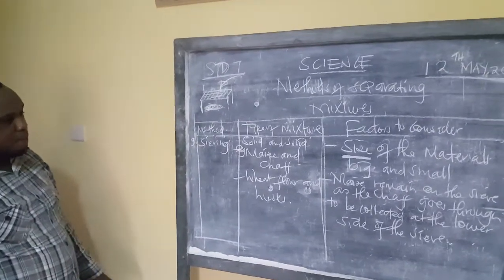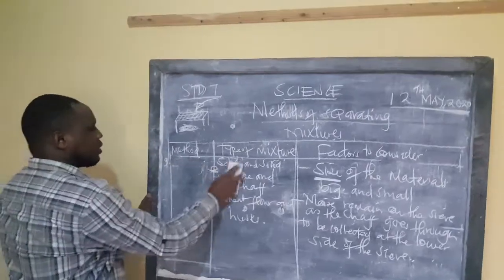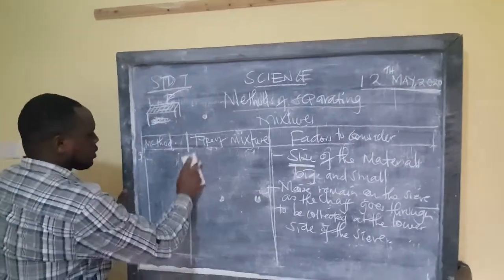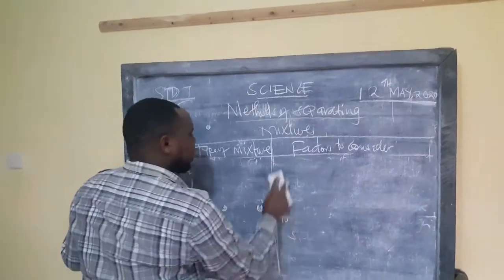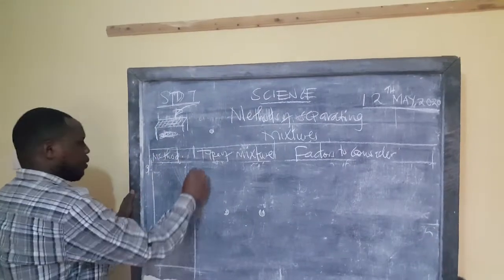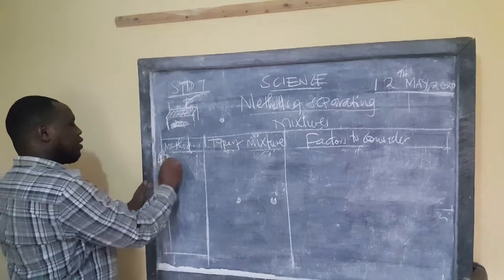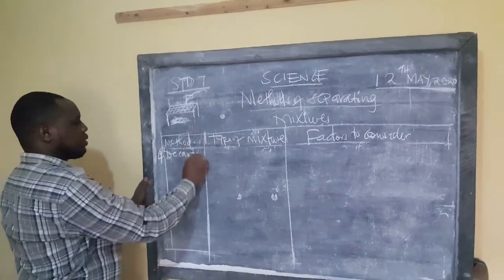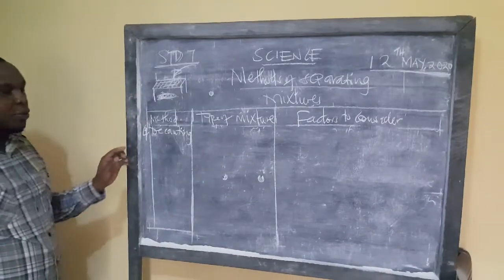Decanting will take a bigger space, so let's wrap here. Decanting as a method. Now, what type of mixture can be decanted? We have two types of mixtures.